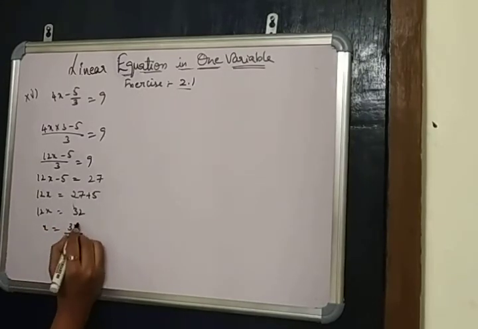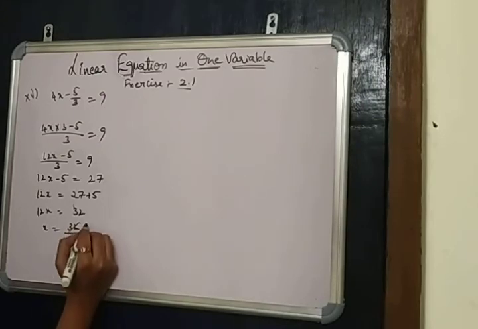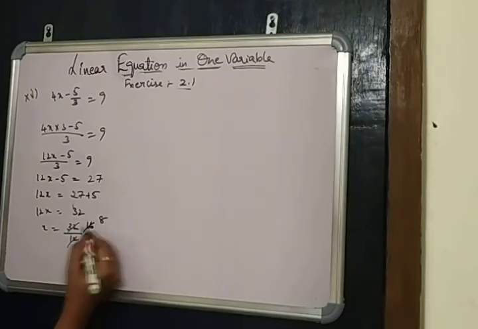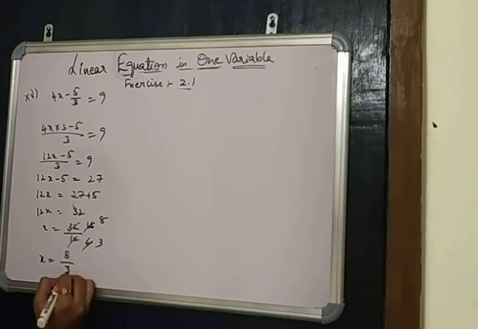In 2 table, 12 is 6 times, 32 is 16 times, again 2 table, 3 times 6, 16 is 8 times. Your answer is 8 by 3.